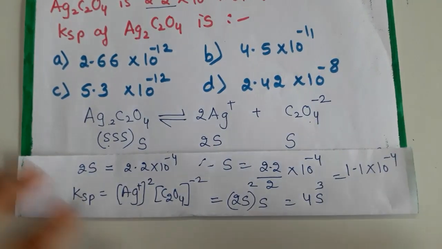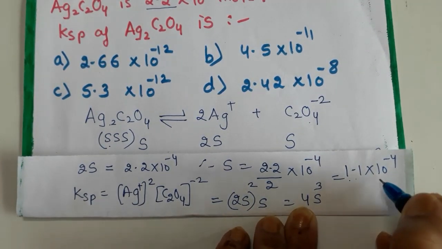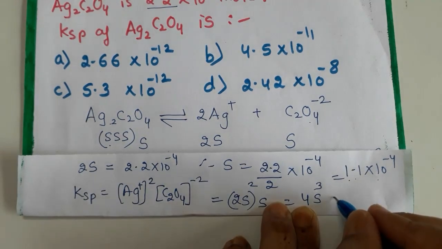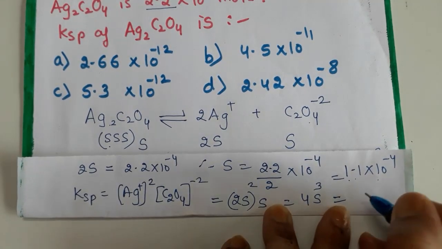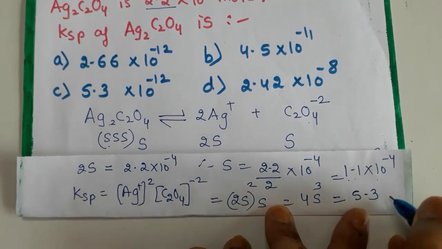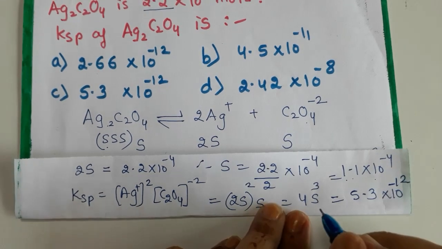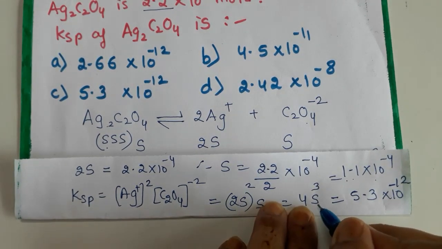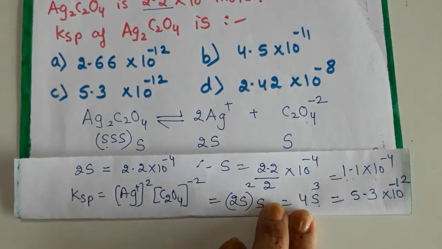Now in place of S I will substitute 1.1 into 10 raised to minus 4. So when I do this I will be getting option C, 5.3 into 10 raised to minus 12. So you just cross check 4 into 1.1 into 10 raised to minus 4.